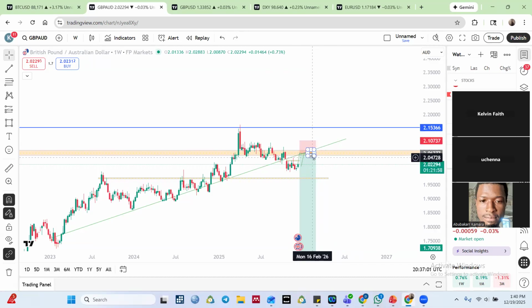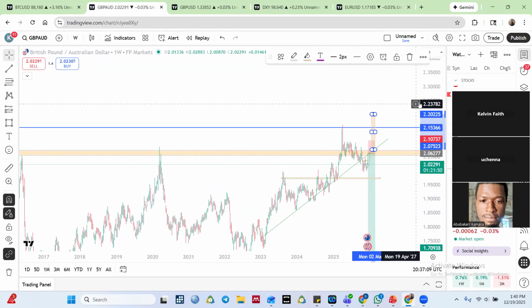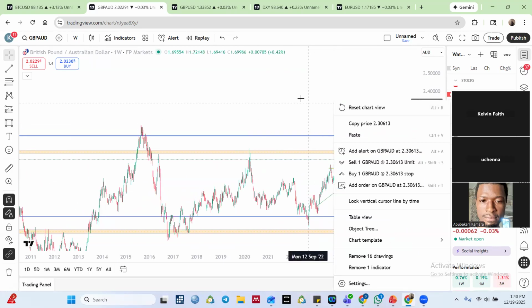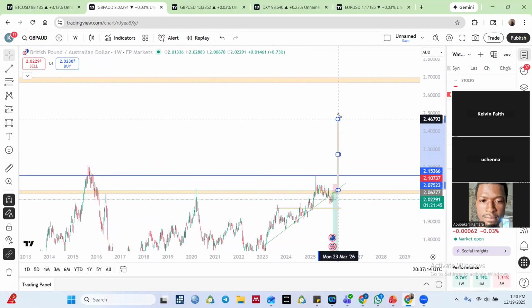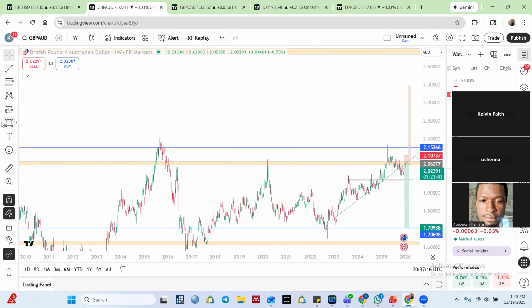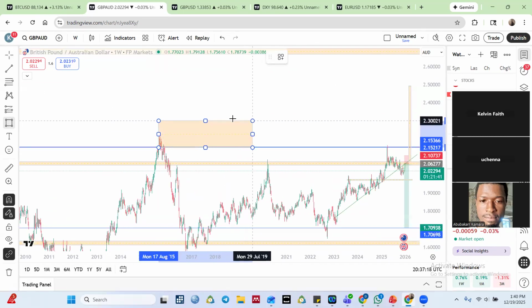That's why I said the moment the stop loss is hit for this anticipation and price goes above the blue line here, it's likely that it might want to reach up more to make a new higher high.